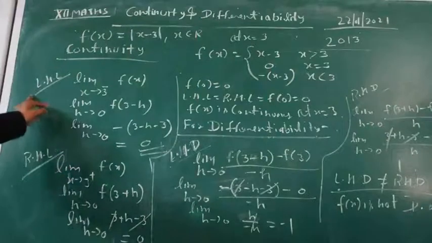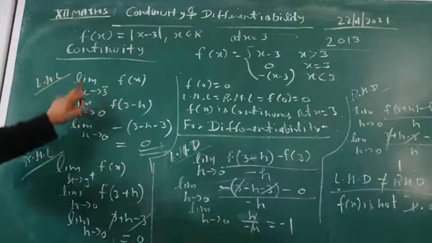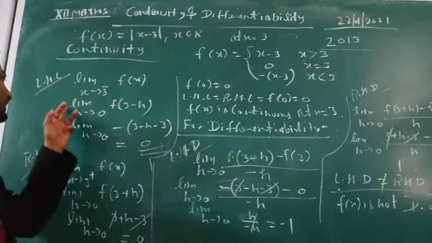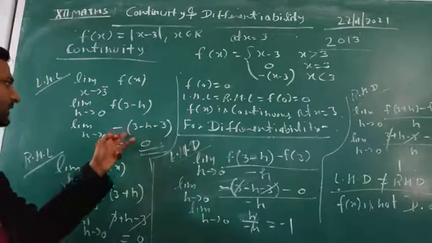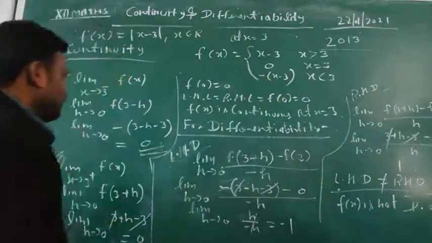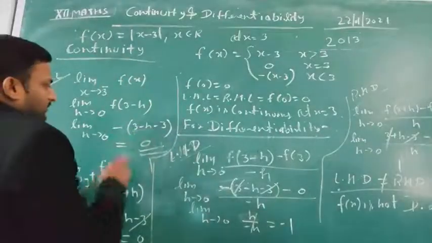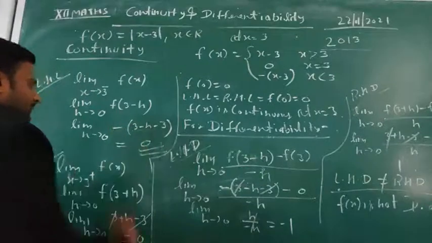So student, what will the left hand limit be? It will be limit x tends to 3 minus f(x), limit h tends to 0, f(3 minus h). Our function is minus (x minus 3), so we write minus (3 minus h minus 3), this will be cancelled, and when we put the limit we get 0.